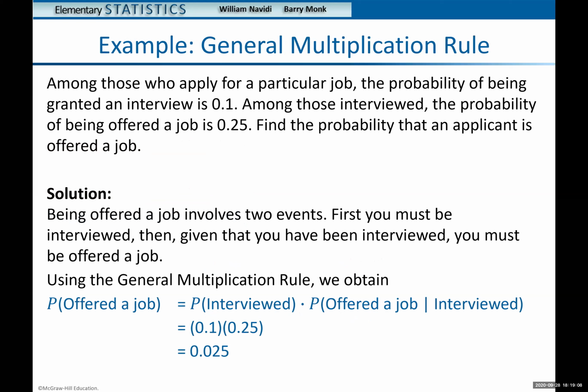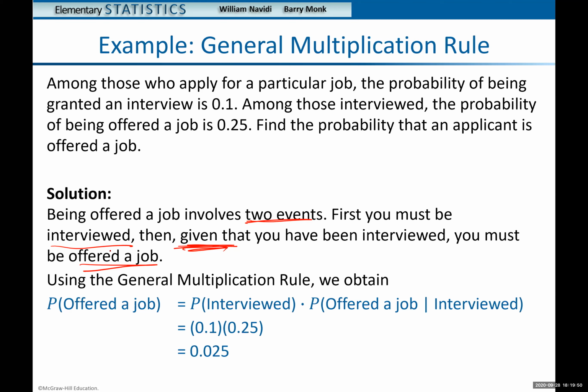An example here. Among those who apply for a particular job, the probability of being granted an interview is 0.1. Among those interviewed, the probability of being offered a job is 25%. Find the probability that an applicant is offered a job. So solution here, an explanation. Being offered a job involves two events. So first, you must be interviewed. Then given that you have been interviewed, you must be offered a job. So those are the two events, interviewed and being offered the job.